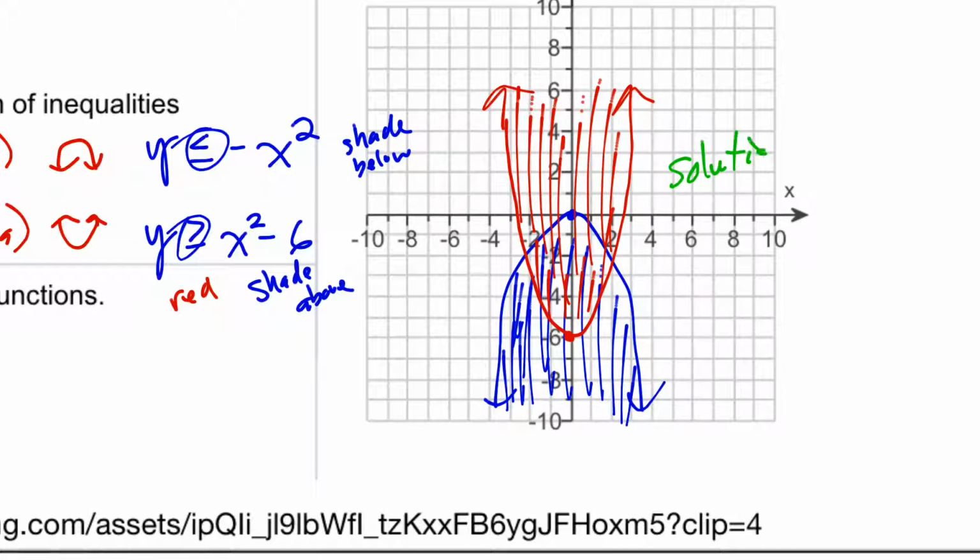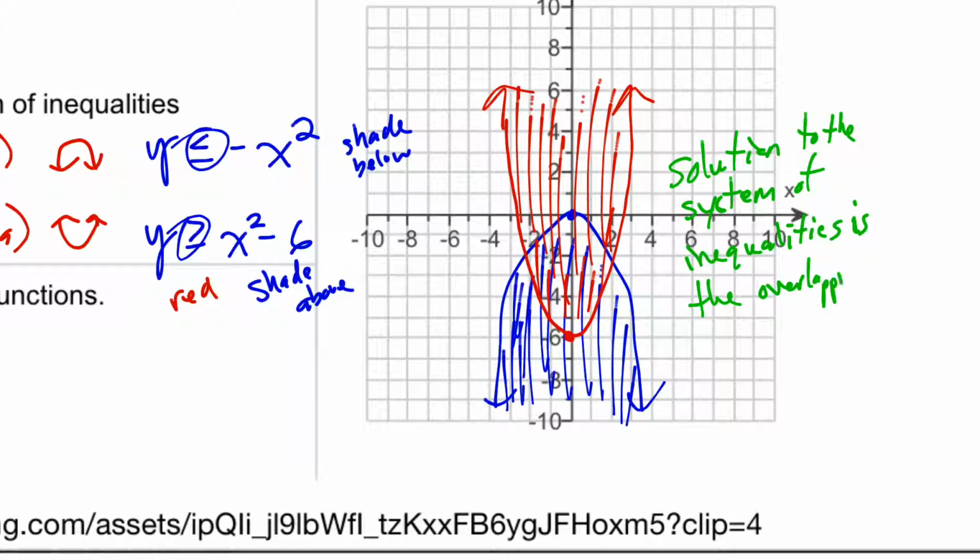So the solution to the system of inequalities is the overlapping region or regions, depending on the functions.